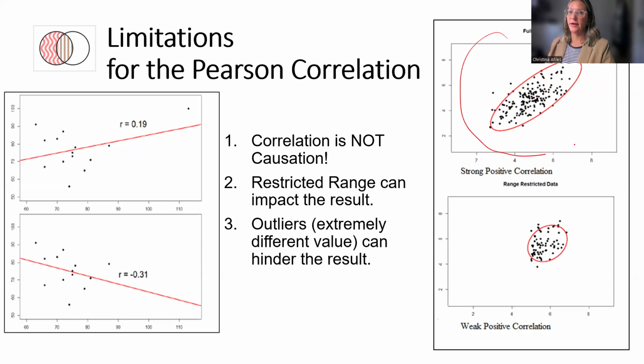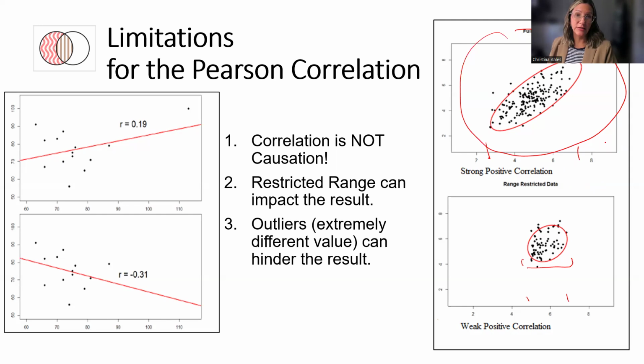But if you were only to get a glimpse of people where you're looking at this small range here, you only have people that scored from 5 to 7 instead of from 3 to 8, basically. It narrows it down and it shows a weak positive correlation. So a restricted range can definitely impact that.